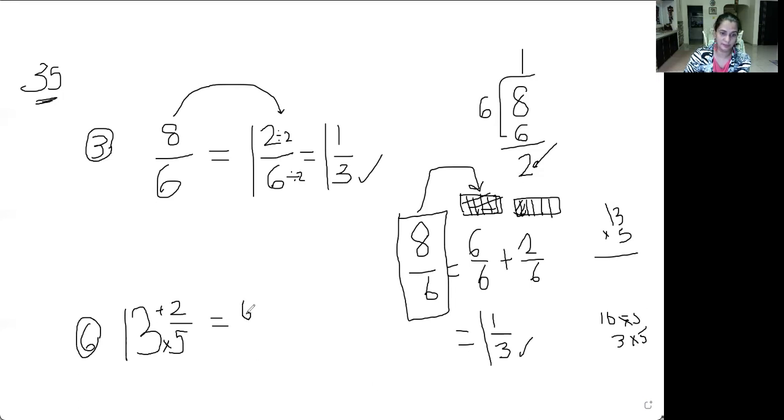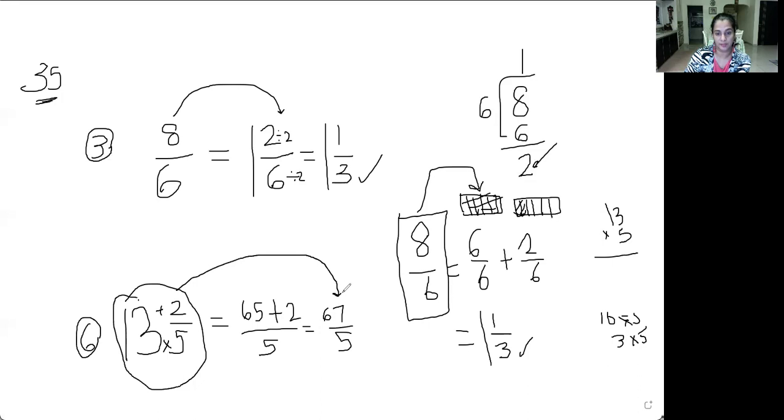So over here, you'll have 65 plus 2, and that's over 5. So now you will have 67/5. Quite a big number, but it's still doable. And this is how you change a mixed number into an improper fraction.